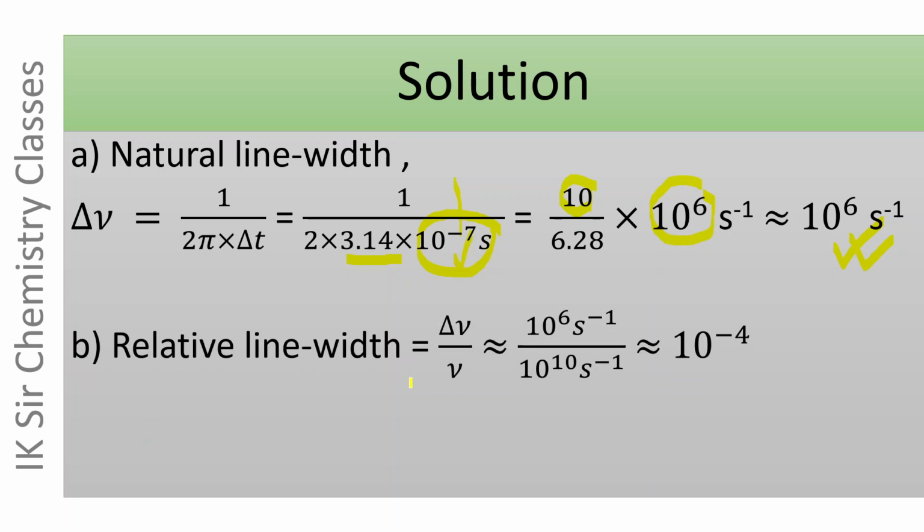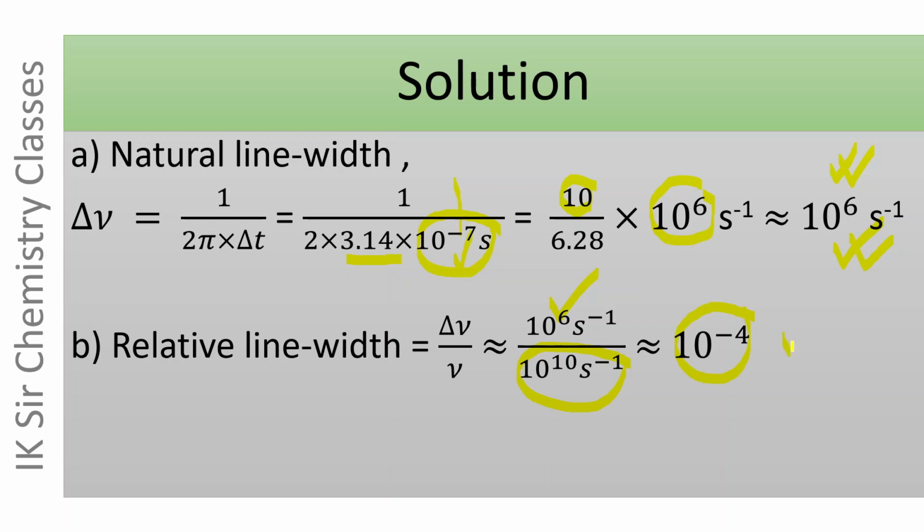and the relative line width will be equal to delta nu by nu. This is the value of delta nu, and we already know that in ESR spectroscopy the frequency of absorbed EMR is about 10 gigahertz, that is 10 to the power 10 per second. On solving it, we get relative line width equal to 10 to the power minus 4.